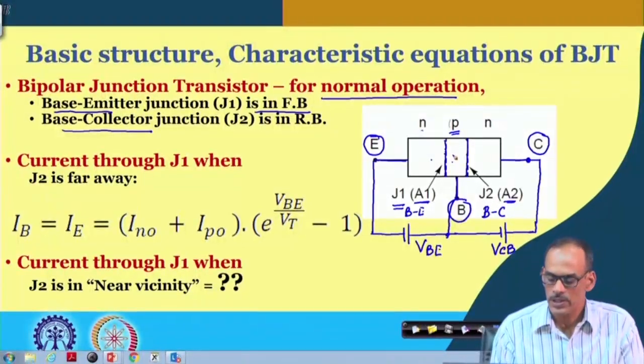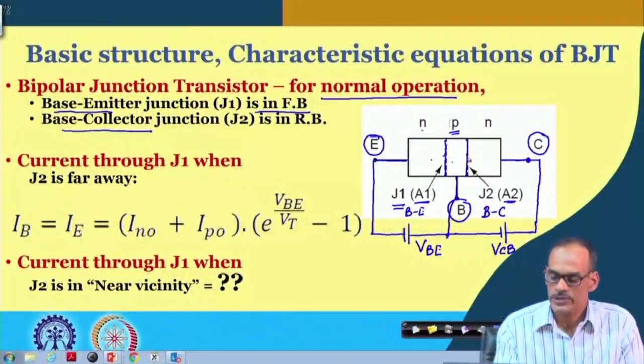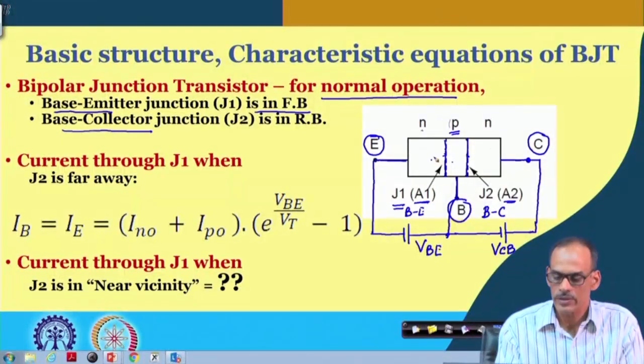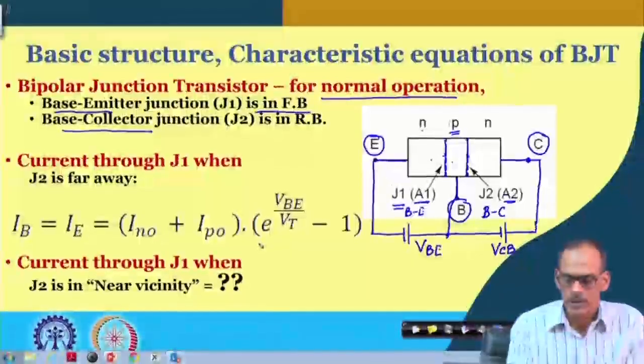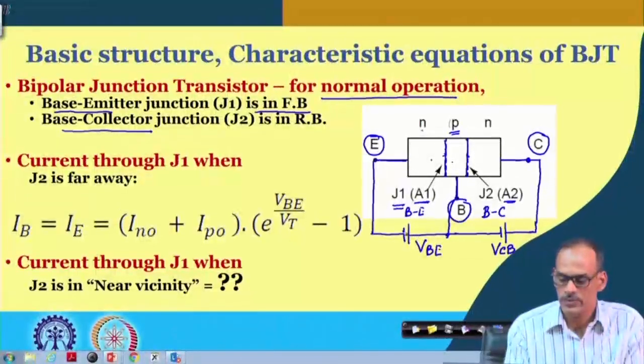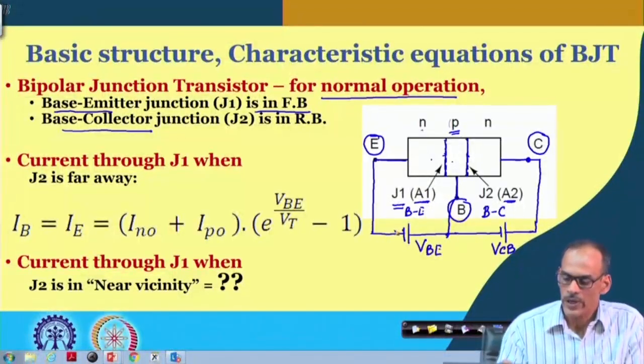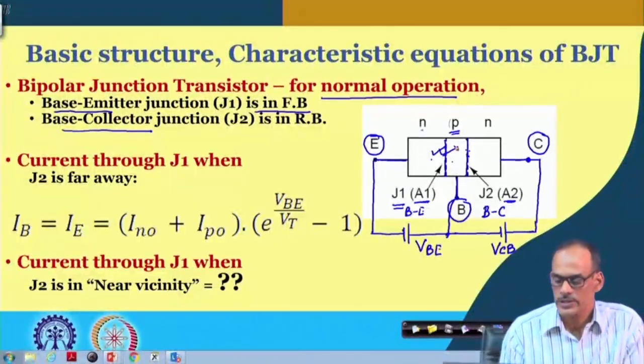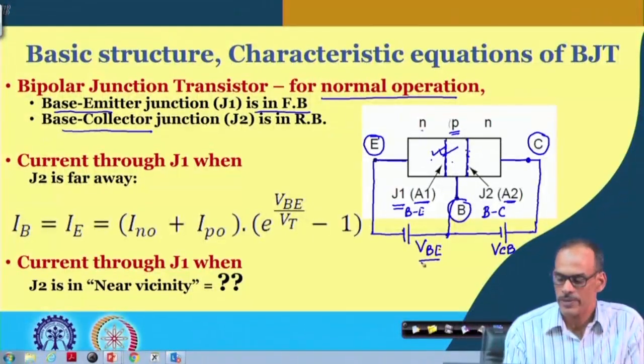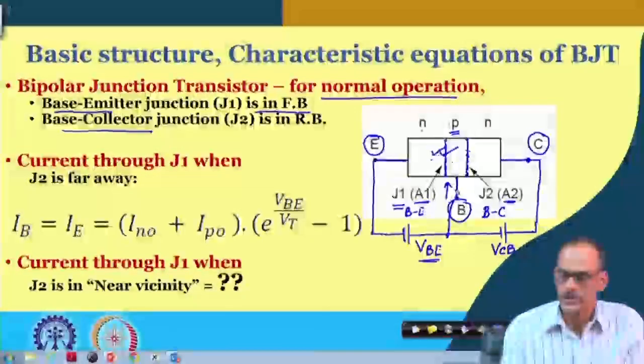Now, we know that through a PN junction, if this junction is forward biased, and if the second junction is far away from this junction, then this current has an exponential dependency on the forward bias voltage. So, if I ignore the second junction and concentrate only on junction 1, and it is forward biased by VBE, the current flows through the base terminal into the device.